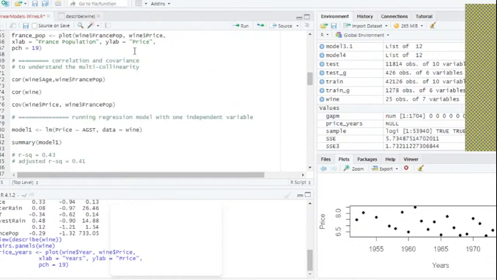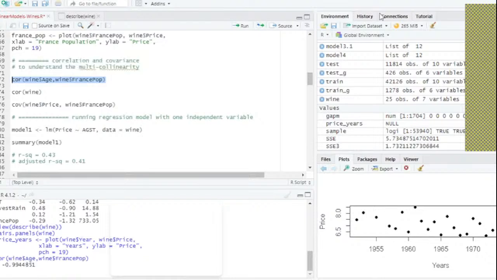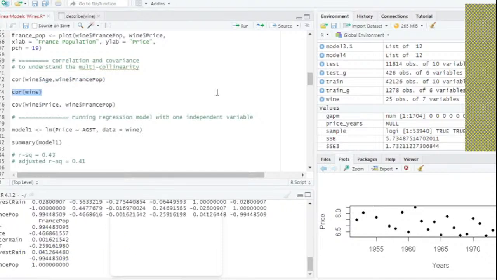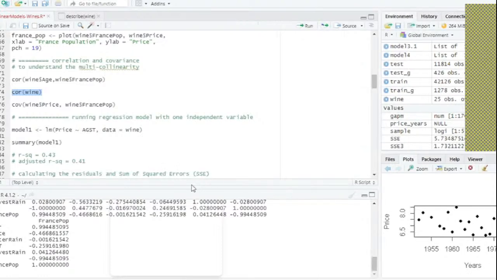Okay, correlation and covariance. Now, as we can see, we have figured it out. Let's calculate the correlation between age and France population. You'll see it's coming out to be 0.99. Correlation of wine, if I run this, it will create that correlation matrix.